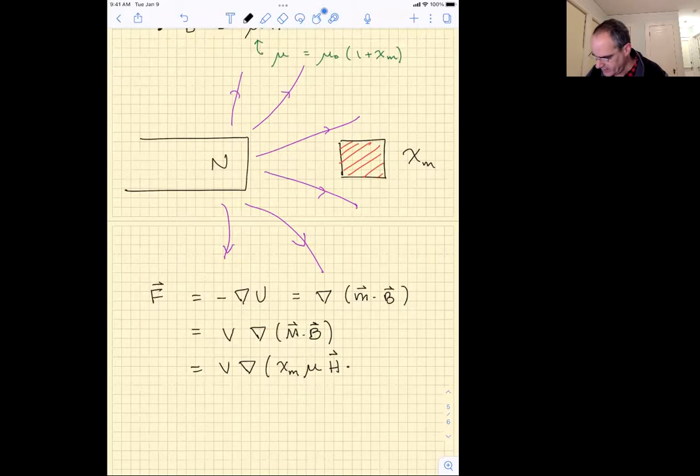And then we have to multiply by B, which is the permeability times H again. Okay?